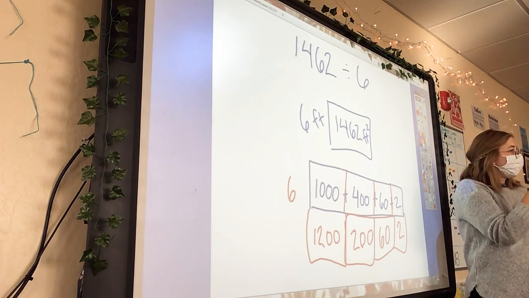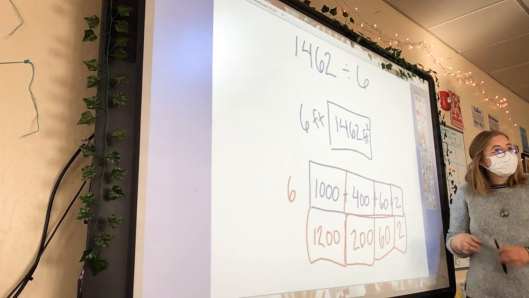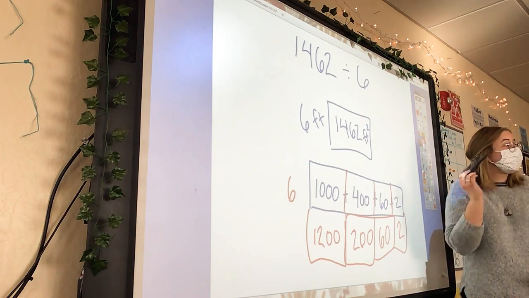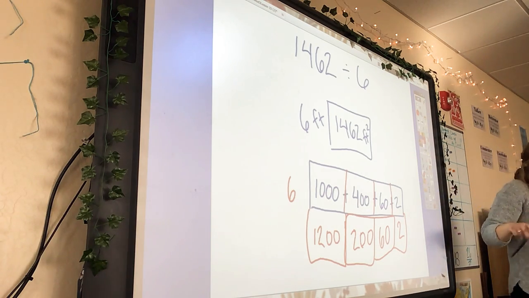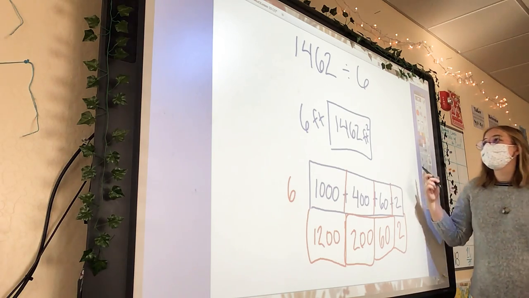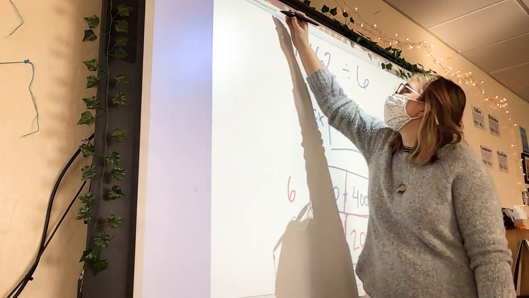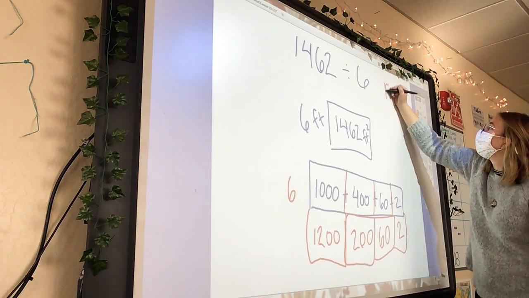I just had a realization. The reason this isn't working is because you guys had a remainder in your answer. That's why I can't get it to move around correctly. There was a remainder. Do you guys remember what the remainder was? 4. Yeah. So we had remainder 4.